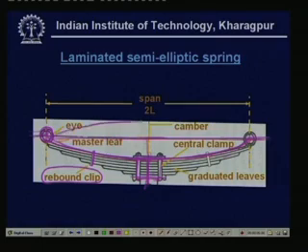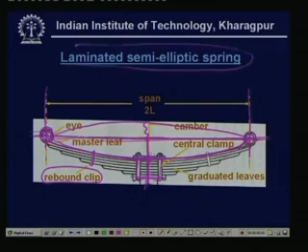This is called a positive camber. Sometimes if it goes the other way, then that will be a negative camber, but normally this happens very rarely, and designs are made such that at the most it goes like this. Now, this is what we call the span of the laminated spring. So, this is called a laminated semi elliptic spring, and this is the one you see in automobiles.